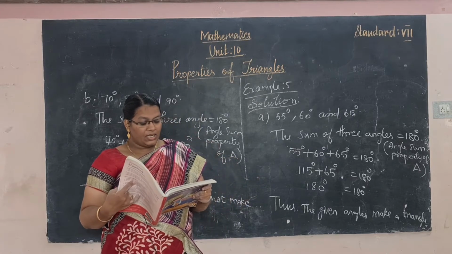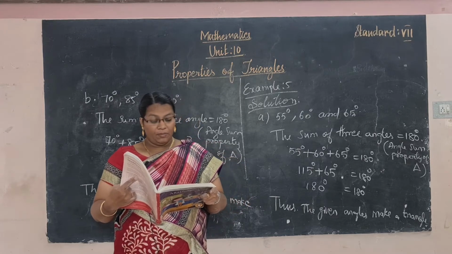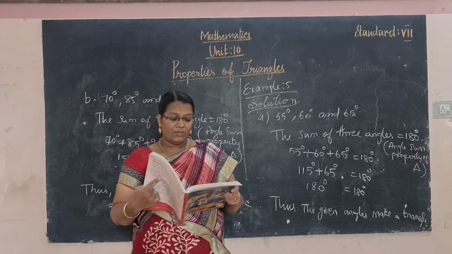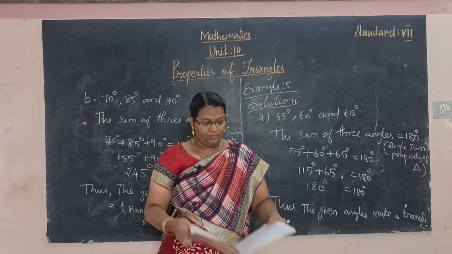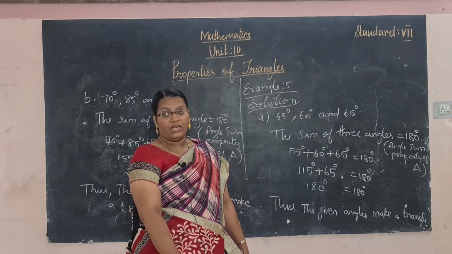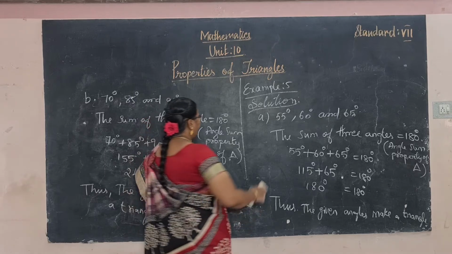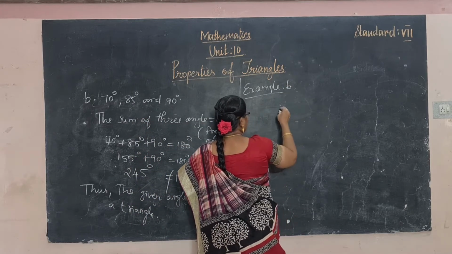Example 6. In a triangle ABC, angle A is equal to 50 degree and angle B is equal to 70 degree. Find the measure of angle C. So, two angle values are given. You have to find out the third angle. So here also we use the angle sum property.